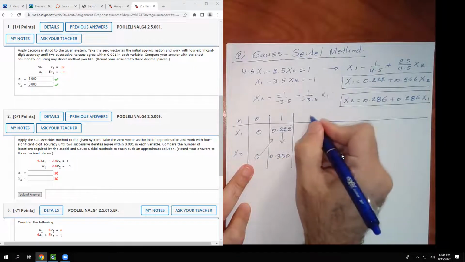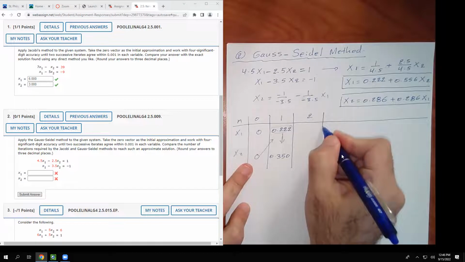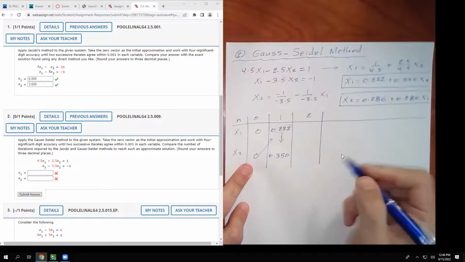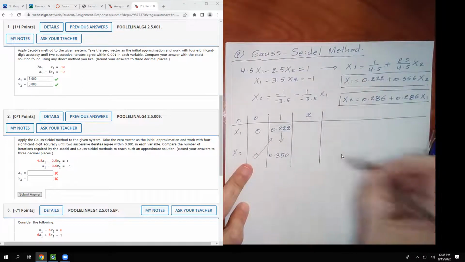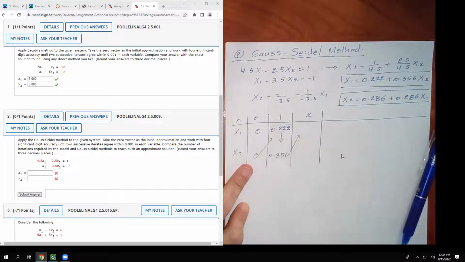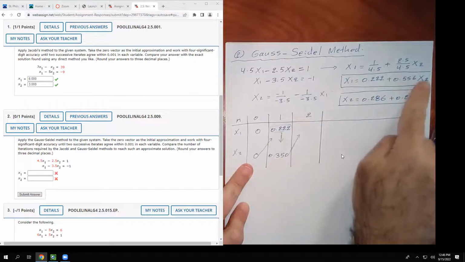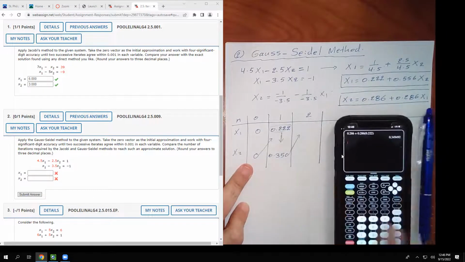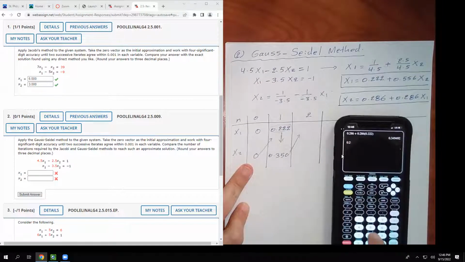We're going to do the same thing. For the second iteration, I need to find x1, so I plug in this x2 here. It's going to be 0.222 plus 0.556 times x2, which is 0.350.